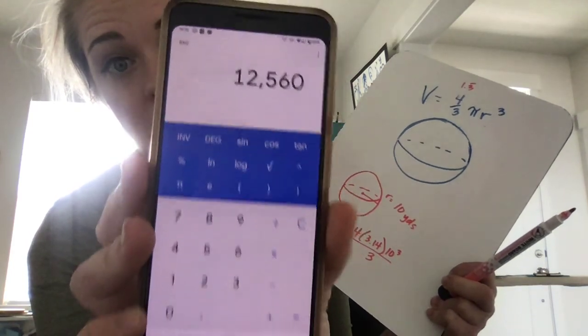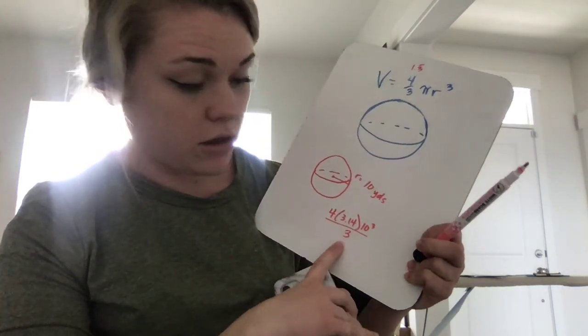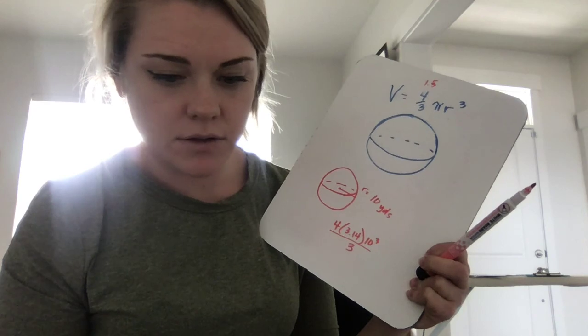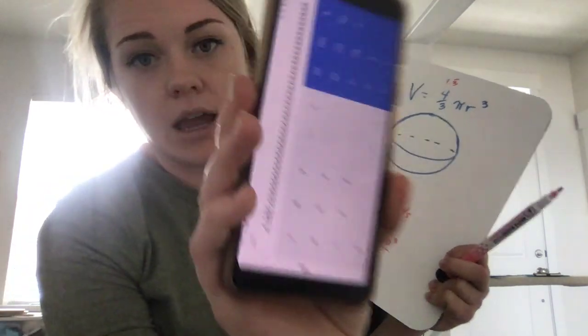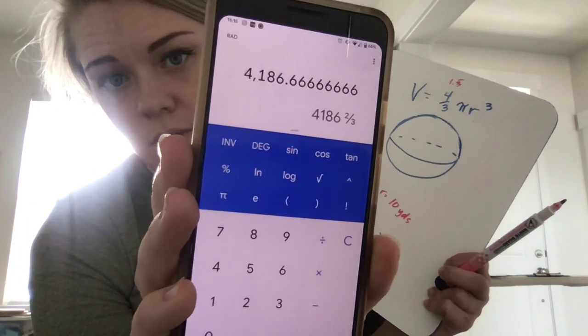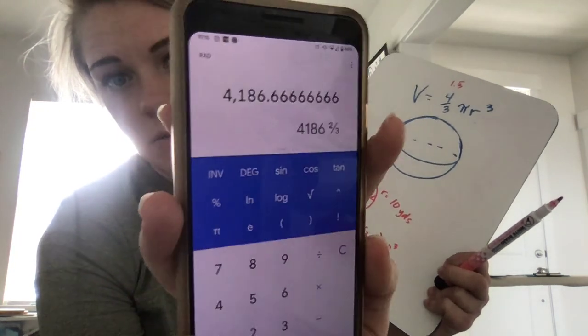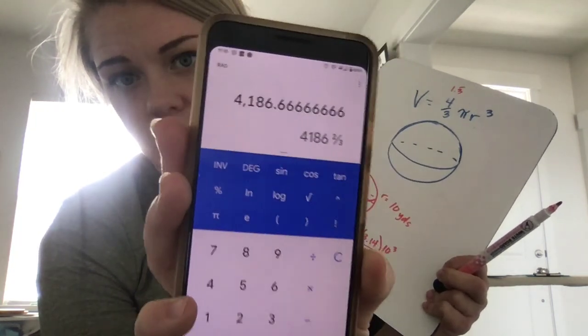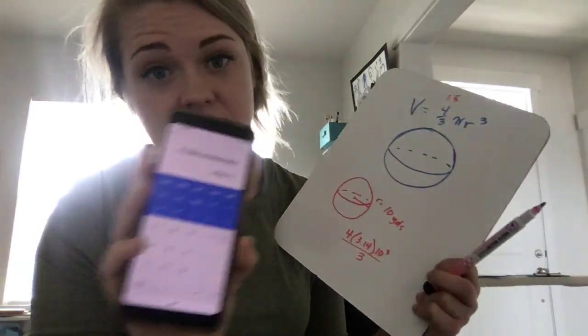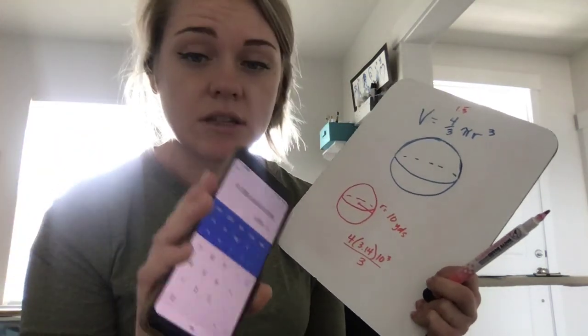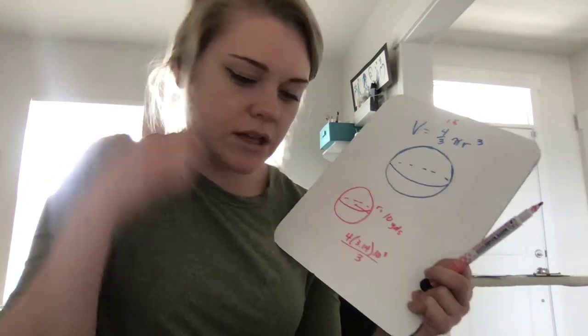Now I'm going to divide this by 3. So divide by 3, and I get 4,186.666666666. Again, you can give me the fraction answer, or you can round the decimal, in this case, to the nearest tenth. You can round it to the nearest hundredth. Let's just stick with the hundredths, because I told you that before.